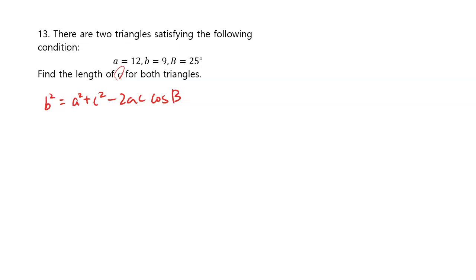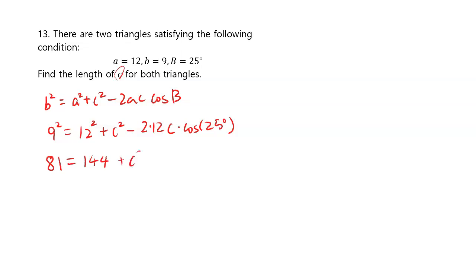Okay. So let's see. B squared. B is 9, so you have 9 squared. A is 12. It's 12 squared plus C squared minus 2 times 12 C times cosine of 25 degrees. Sometimes hand is faster than the calculator. 12 squared is 144.